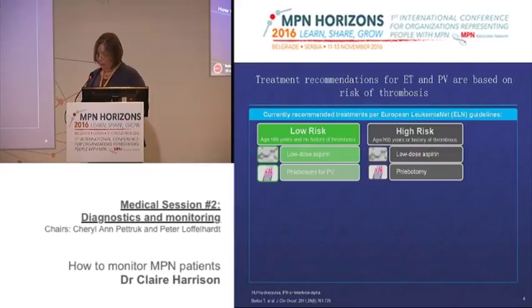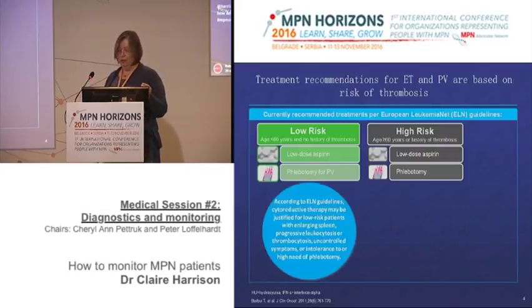If you've got high-risk disease, and we discussed how we risk stratify yesterday, we would be thinking about high-risk disease as enlarging spleen, increasing white cell count, uncontrolled symptoms, but there's no real medical guidance on what uncontrolled symptoms really means.